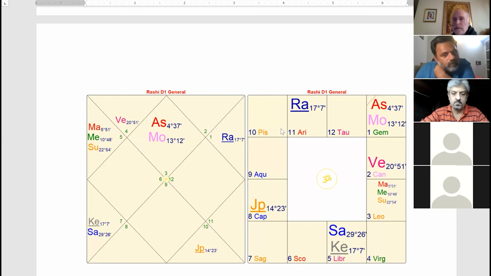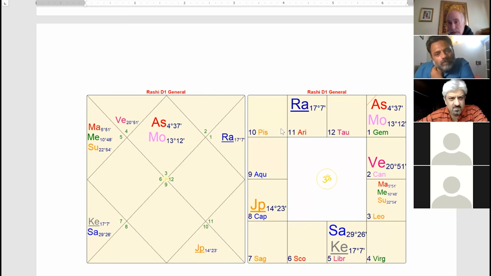Jupiter would be another one. Now, hold on, please don't interrupt when I'm trying to explain something here. The Sun will go to its debilitation sign in Navamsha, meaning it has some weakness in Navamsha, right?